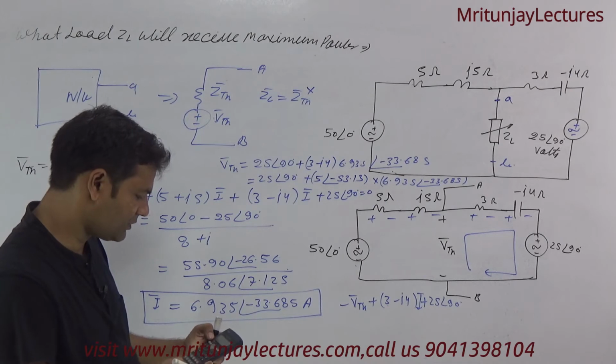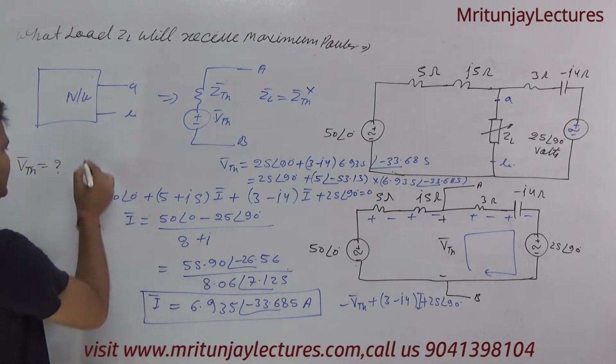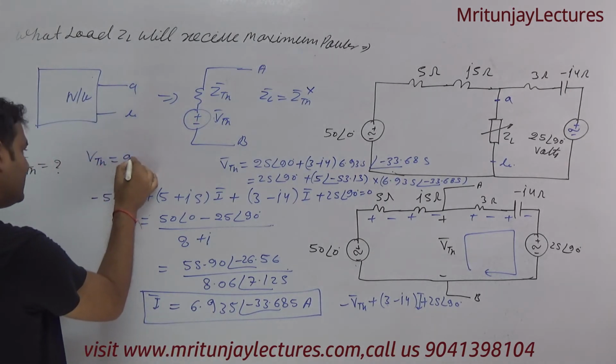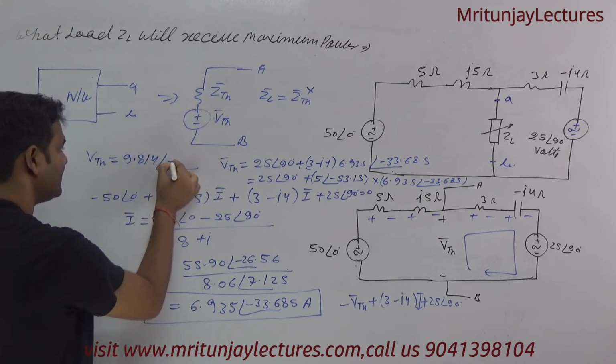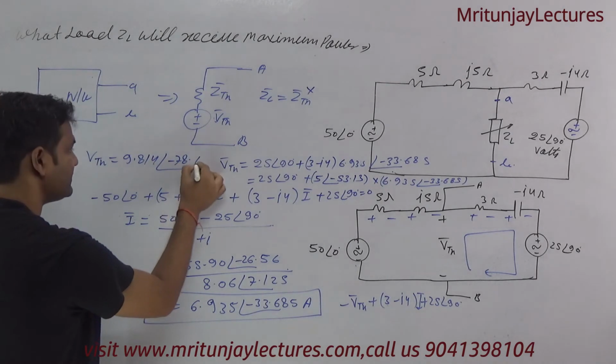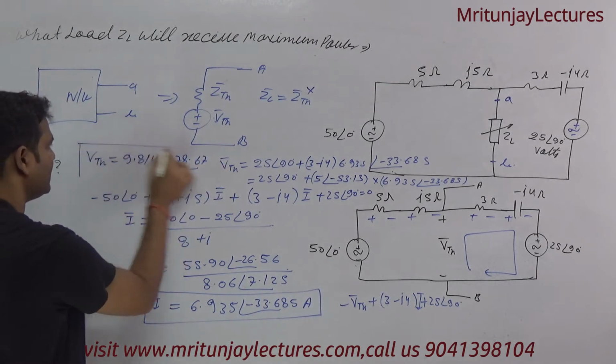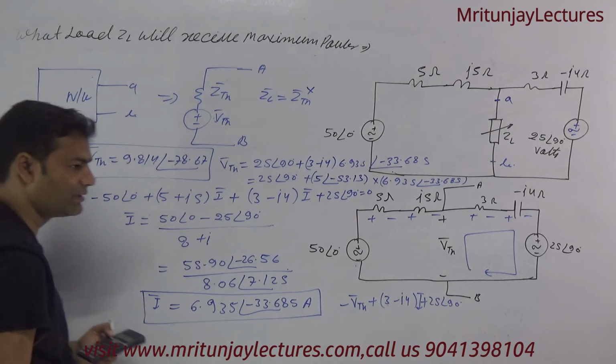So the final result is 9.814, so VTH is written as 9.814 at the angle minus 78.67. This is the final answer regarding VTH.